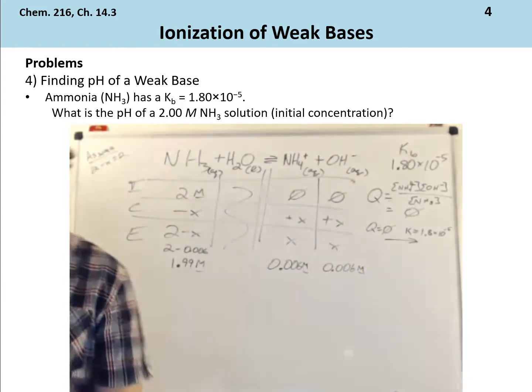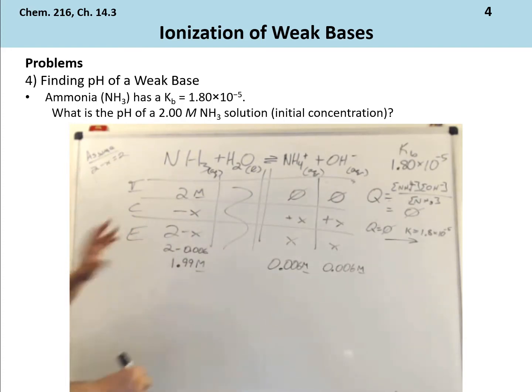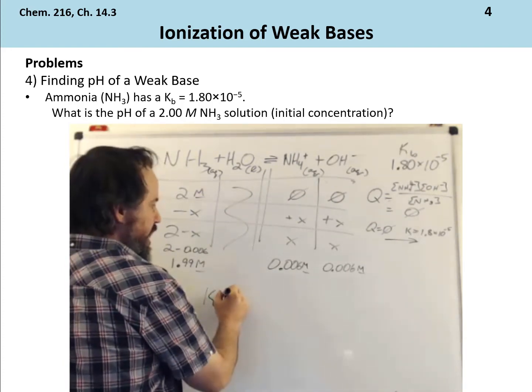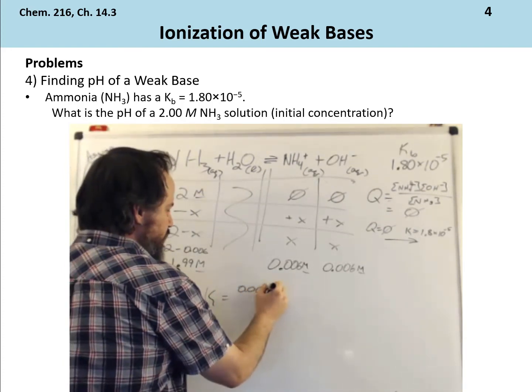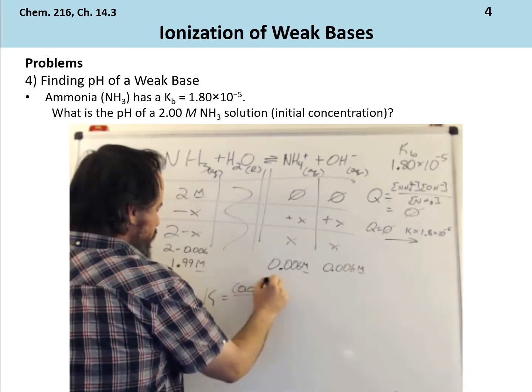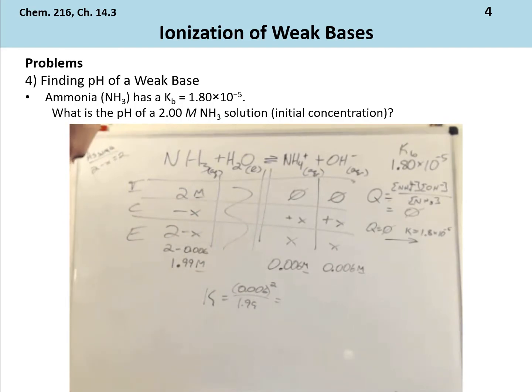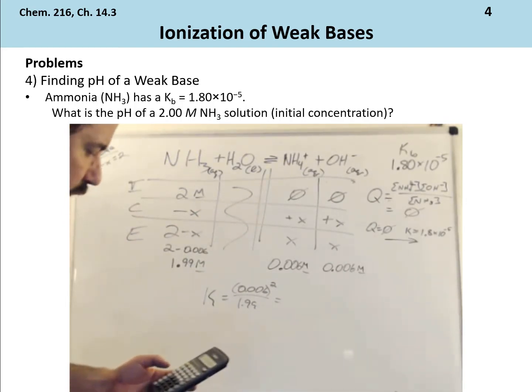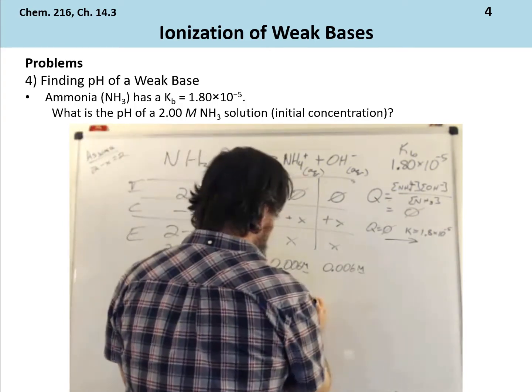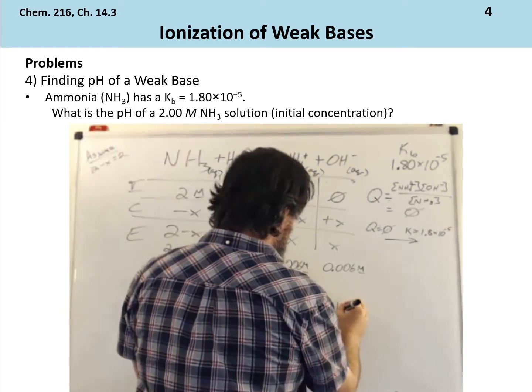Okay, now let's go ahead and just check and make sure we did this right. So K would be 0.006 squared over 1.99. I get 1.81 times 10 to the minus 5.